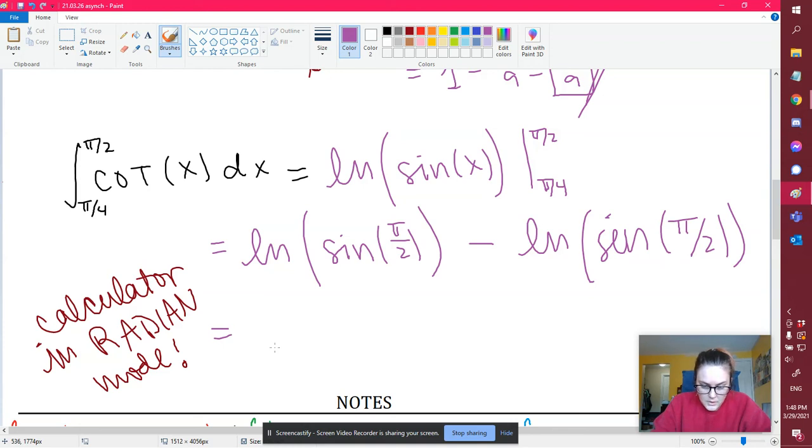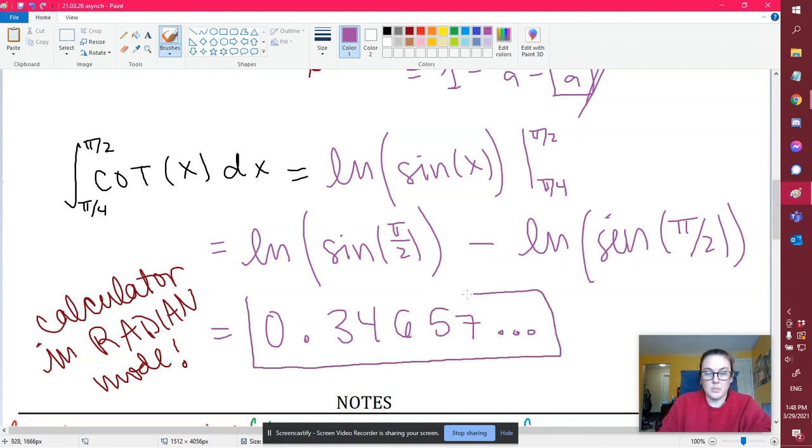I'm going to have the correct number of parentheses. I'm going to put the mode into radians, press enter. I'm going to get 0.34657. Boom. It's not even a 5. Come on. Right. I'm going to box my answer and be done with it.